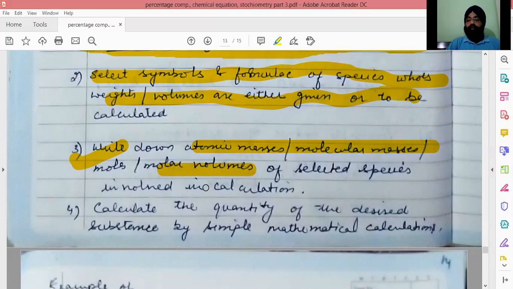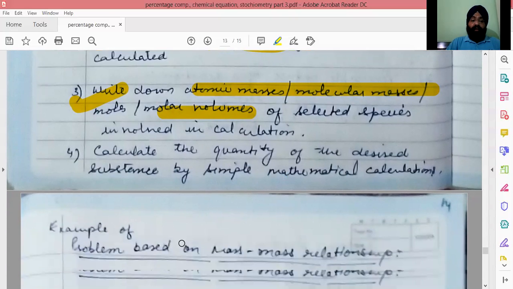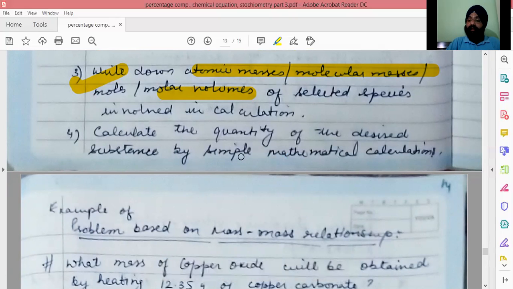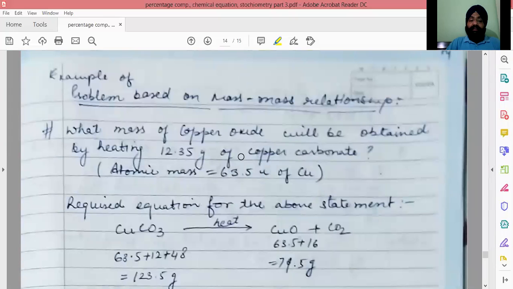Like for which species we have to calculate the volume, mass, moles, or molecules, and the other one is given, for which it is already given in the question. Now calculate the quantity desired by simple unitary method, by simple mathematical calculations. Now here is an example which is showing mass relationship.